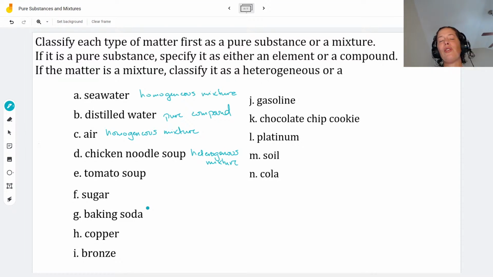Well, it is a mixture of water and all of the different chemical compounds in the tomato. So yes, it is definitely a mixture. Now, is it uniform throughout? Well, again, assuming you're making it from a can of condensed soup, then that is going to be a homogeneous mixture. So we'll go ahead and put that down here.